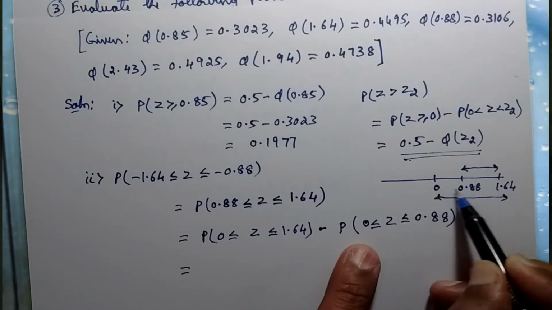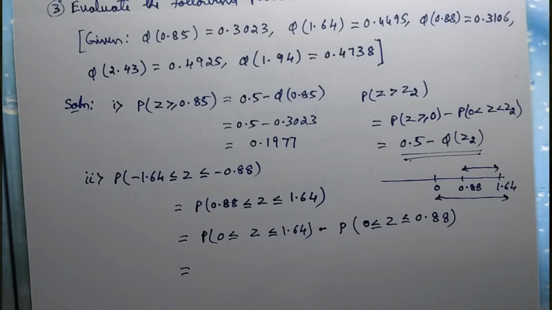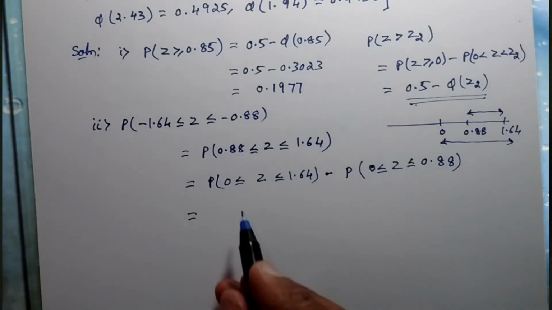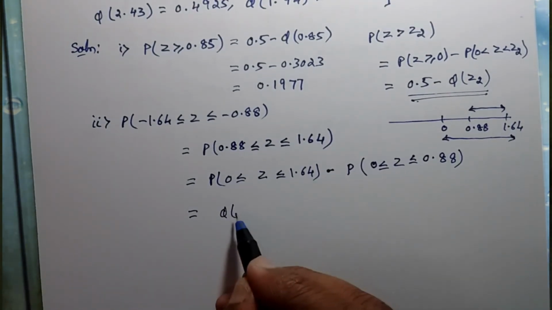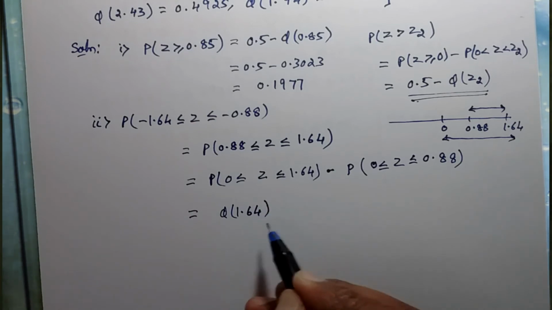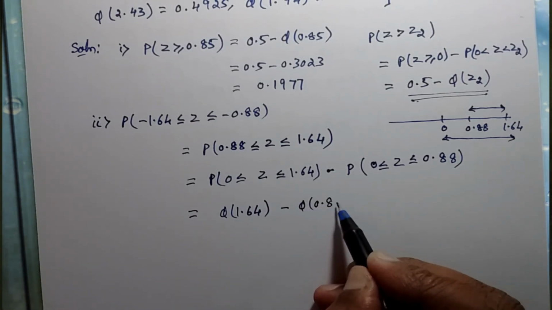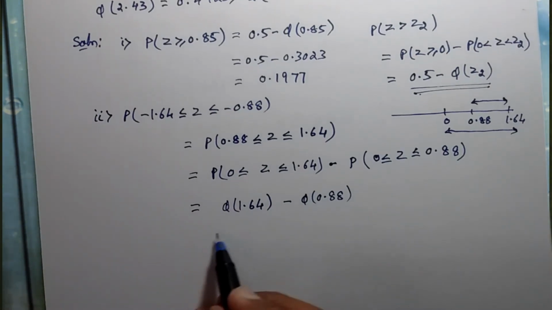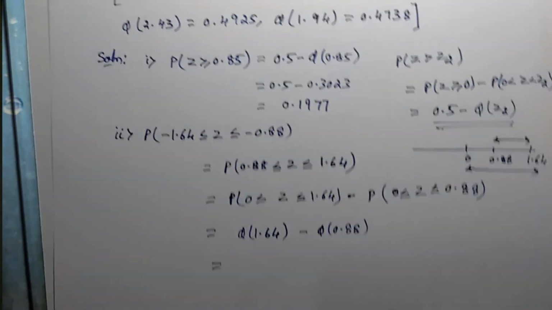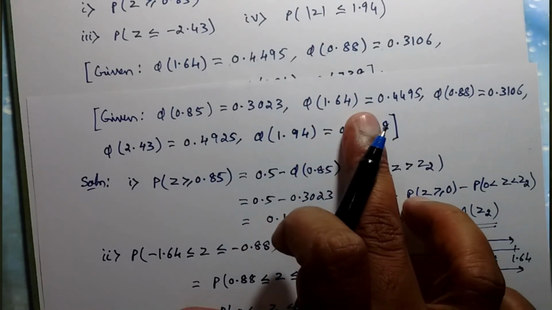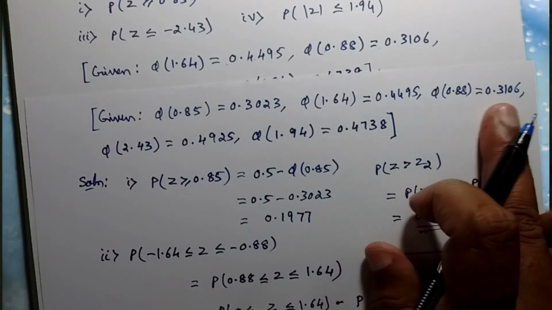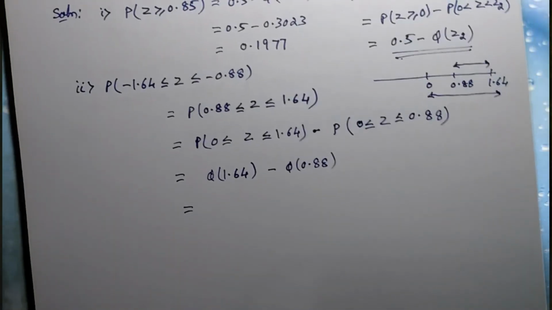This value will be phi of 1.64 minus phi of 0.88. Phi of 1.64 value is known and phi of 0.88 value is known, if you go back and refer to it. You just plug in those two values.